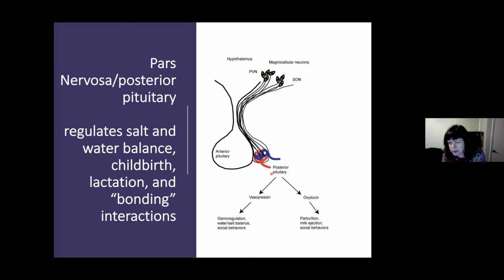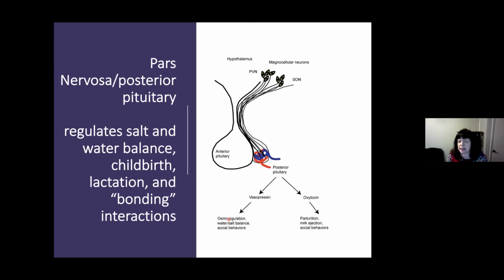Okay, so what do they produce? They're separate neurons that produce each of these two. One set produces vasopressin. You can also call it antidiuretic hormone, ADH, and it's very important in water and salt balance, osmoregulation. So it would maintain our water balance, our salt balance.